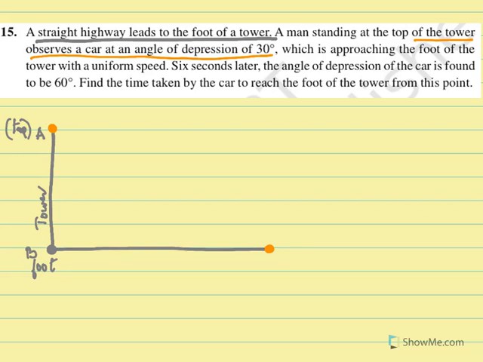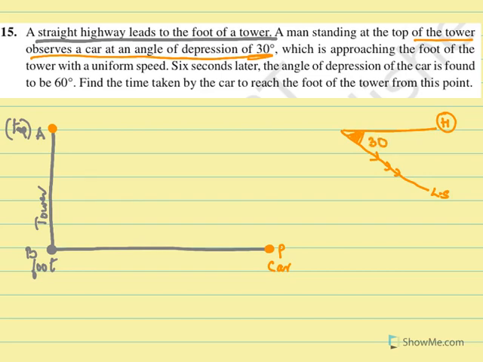So here's the car P, and from the top he's observing down. That means he's making an angle of depression of 30. How do we draw angle of depression? First we draw a horizontal. The line of sight has to be down because it is angle of depression, and the angle between horizontal and this line of sight is the angle of depression. In this case it is 30.